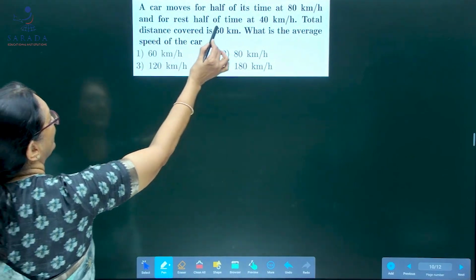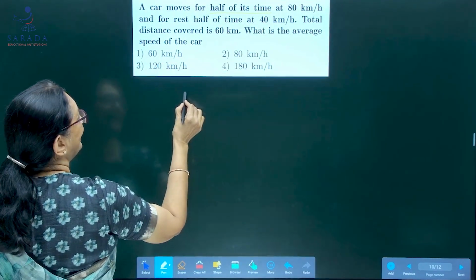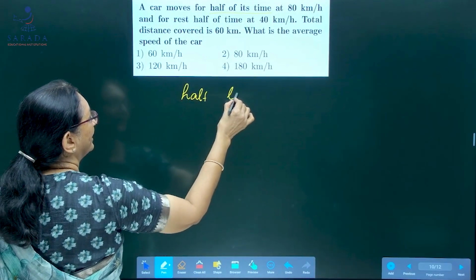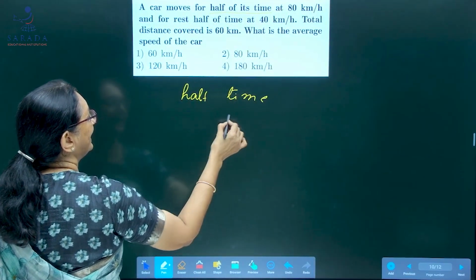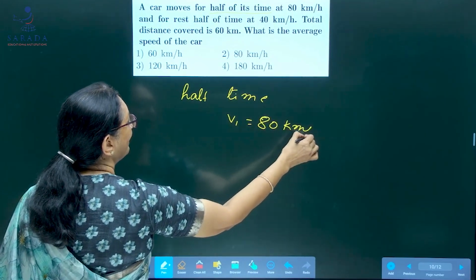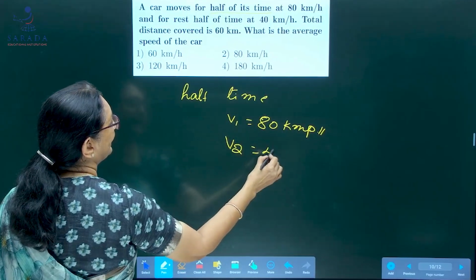A car moves half of its time at 80 kmph, remaining half the time at 40 kmph.